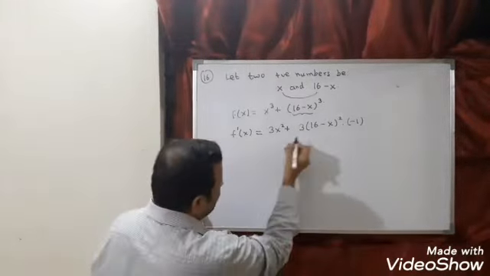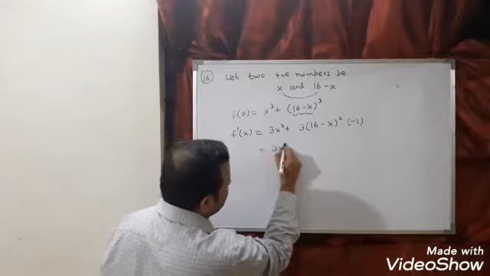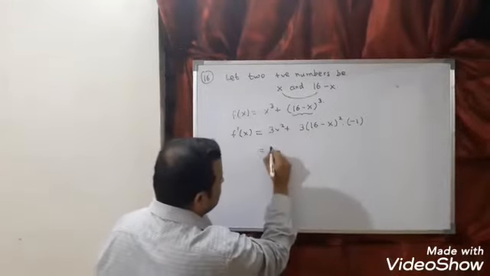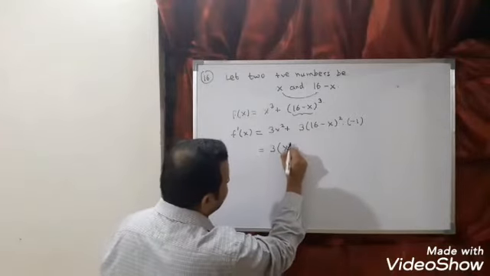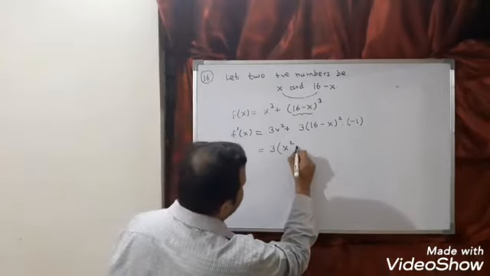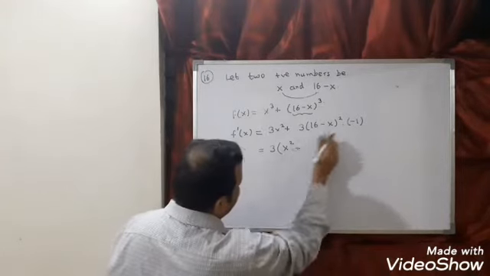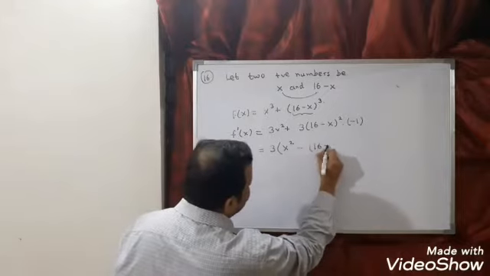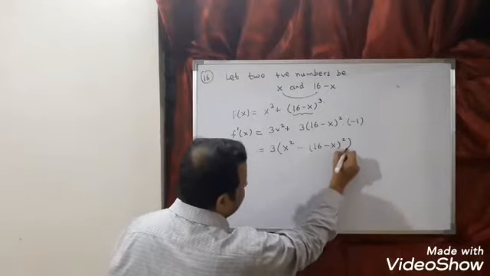So this we can write as 3x square plus... okay, let us take 3 common. When you take common, what you will get is x square, plus, so minus is there, x square minus (16 minus x) whole square.